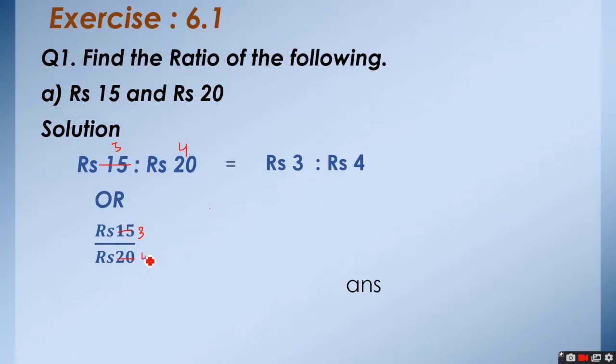When we write it as a fraction, it will also be cancelled out by 5. So we can solve the question in both ways, with a colon sign and with a fraction. So rupees 15 upon rupees 20 is equal to rupees 3 upon rupees 4. Both ratios are the same.